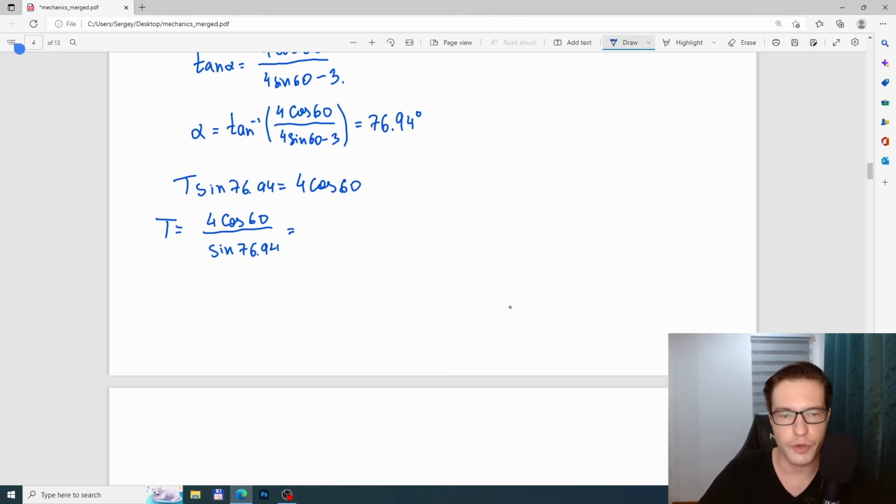That equals 2.05. So tension equals 2.05 newtons. And the angle equals 76.94 degrees.